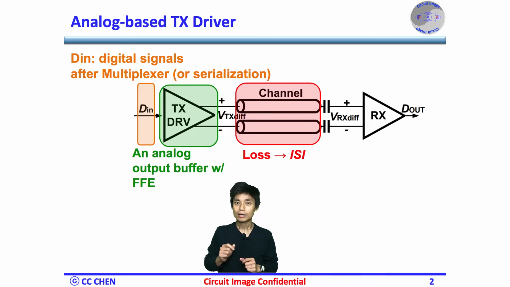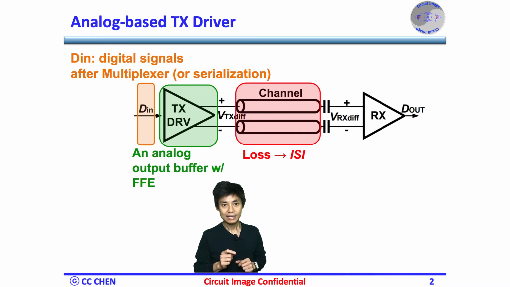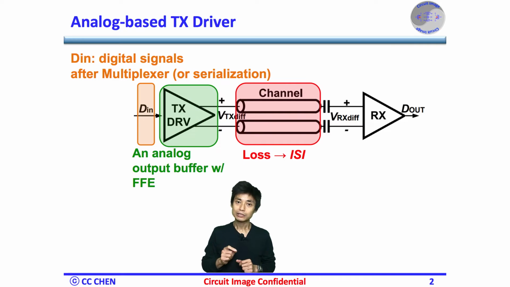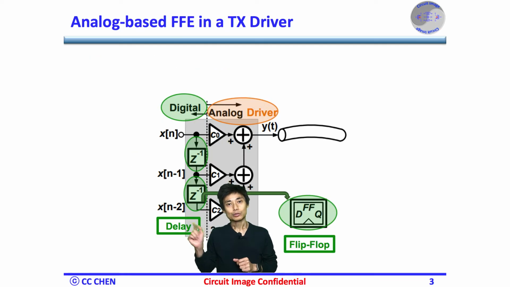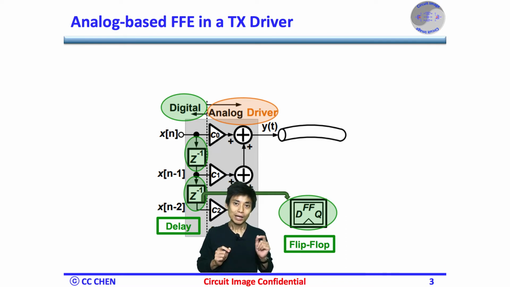As we've known, the channel loss introduces inter-symbol interference, ISI, and then the TX must provide the FFE to partially equalize the channel. As we discussed in the Why TX FFE video, the TX input is already in the digital domain, and a digital delay is much easier than an analog delay because a digital delay is just a flip-flop.